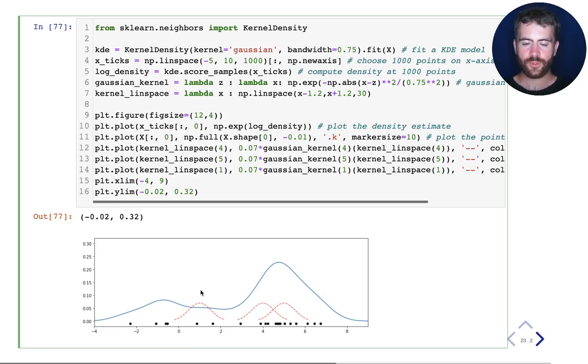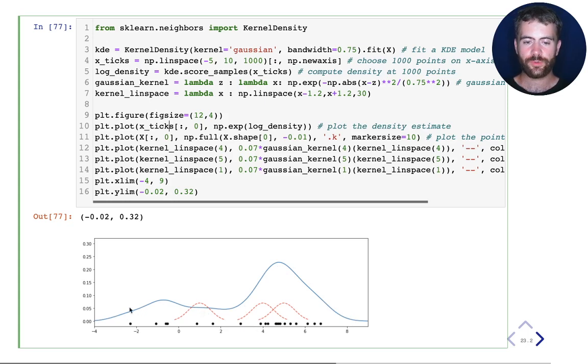And so it itself has this bell-shaped curve, and the blue curve is proportional to the sum of all of these mini red Gaussians. And so effectively, I obtain the blue curve by placing this small red Gaussian at each of these black dots, and then I sum them and I normalize, and this is how we get this particular blue-shaped estimate.